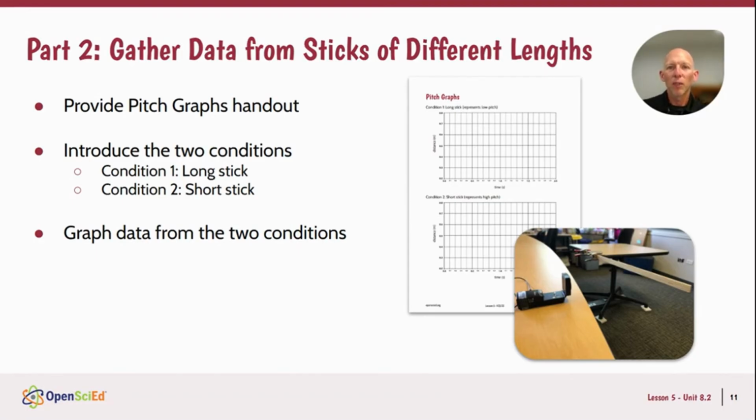A longer meter stick is going to represent a vibration that's going to produce a lower pitch sound, and then just slide the meter stick in, shorten it, and that's going to represent in condition 2 a vibration that's going to produce a higher pitch sound. And then you're going to collect data from those two conditions, similar to the last lesson, so students are familiar with the process. It goes pretty smooth. Record that on the graphs.